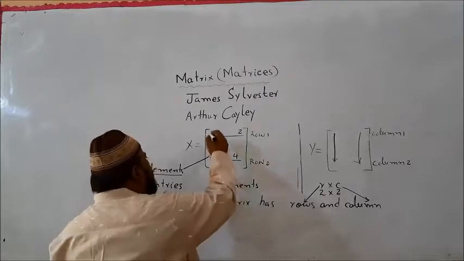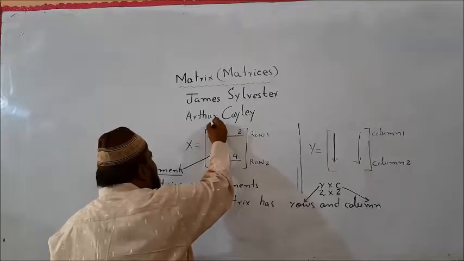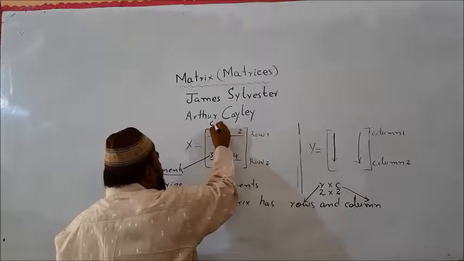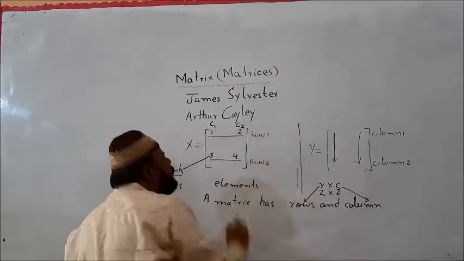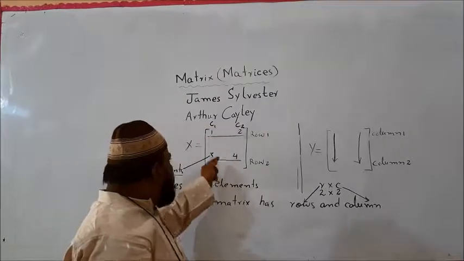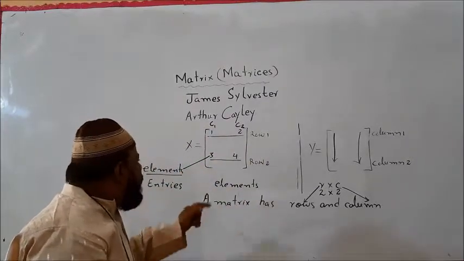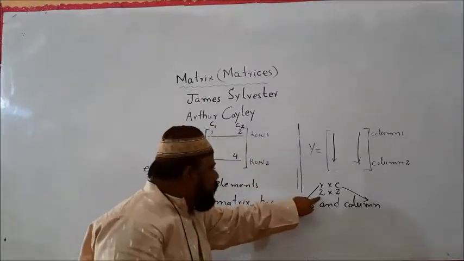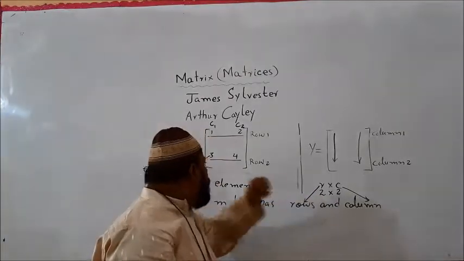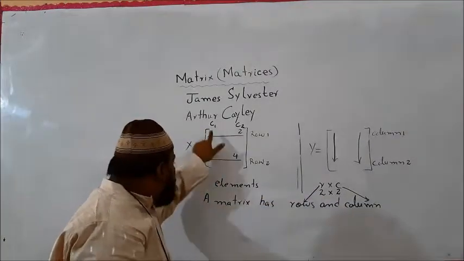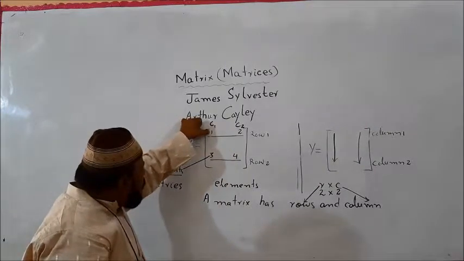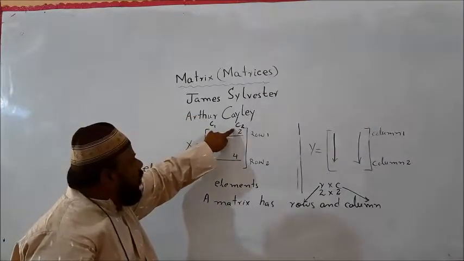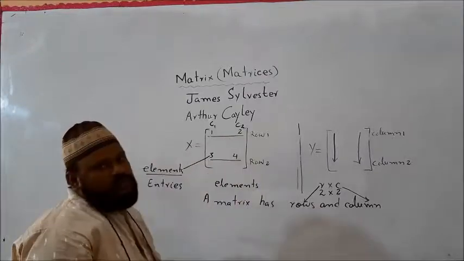Similarly, column 1 and column 2: 2 rows and 2 columns. Column 1 has elements 1, 3 and second column has elements 2, 4.